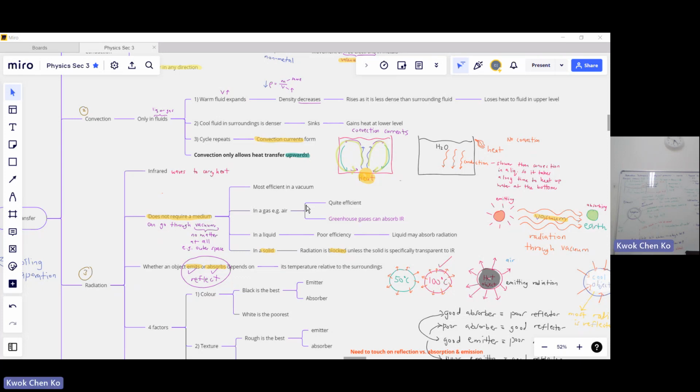Cross-sectional area is A. You don't know L2, so you solve for L2. That's how you can solve for L1 and L2.